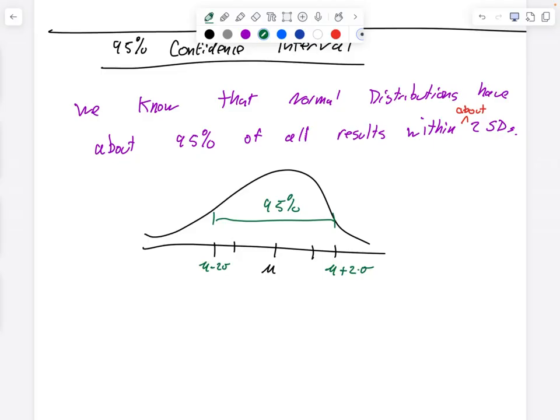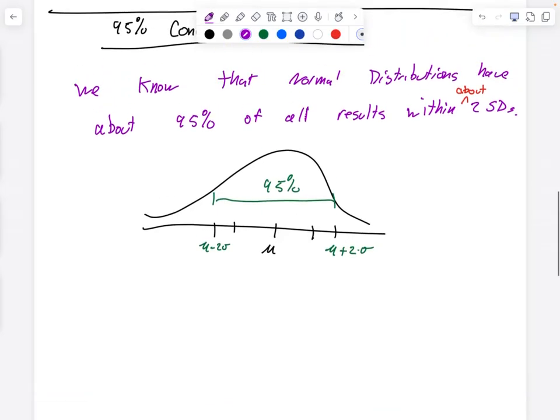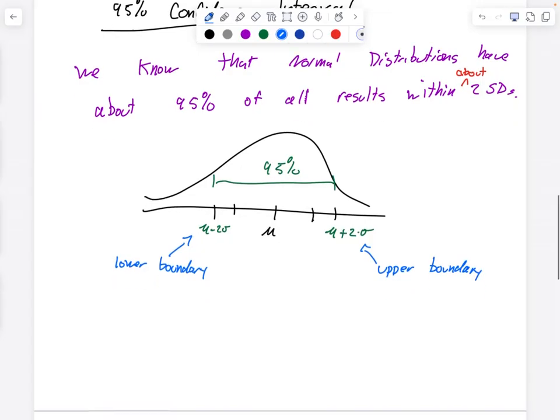And so my confidence interval is equal to parentheses p hat minus 2 times the standard error of p hat, comma, p hat plus 2 times the standard error of p hat. These are the 2 numbers you're going to be doing.